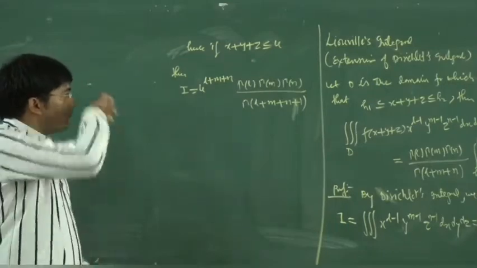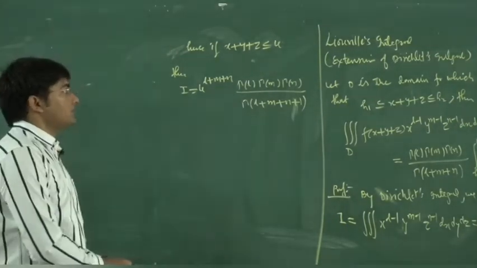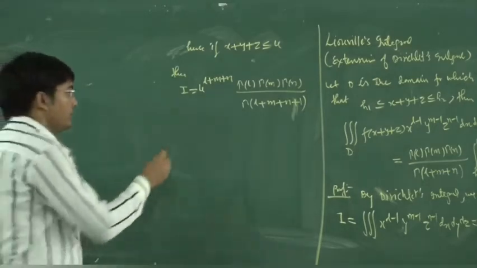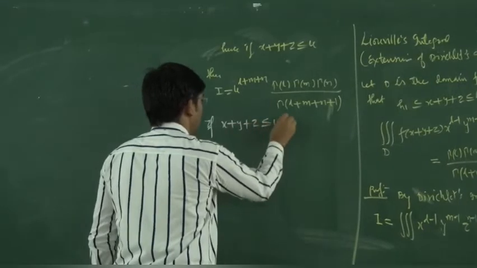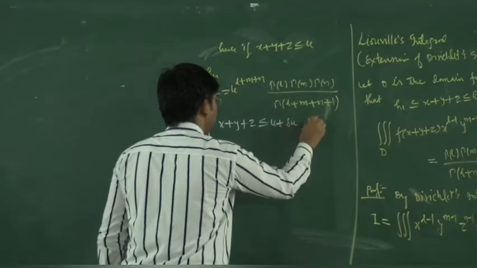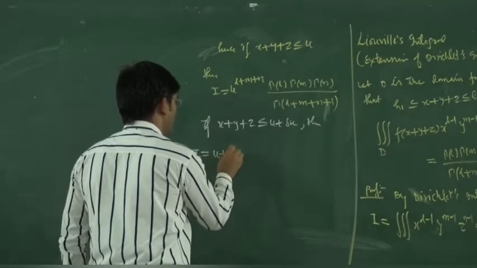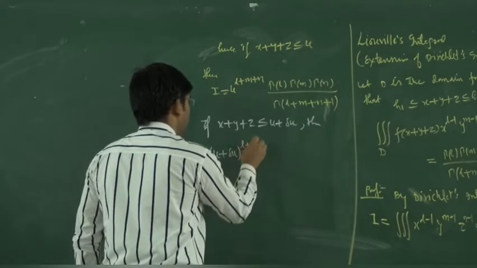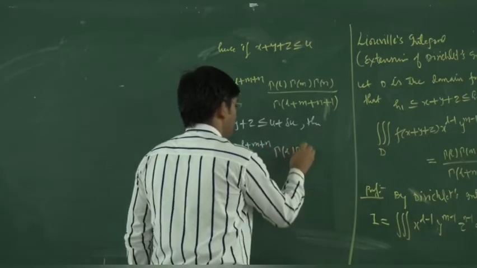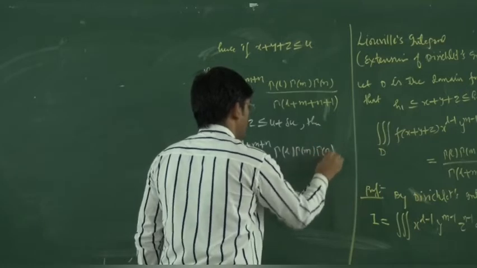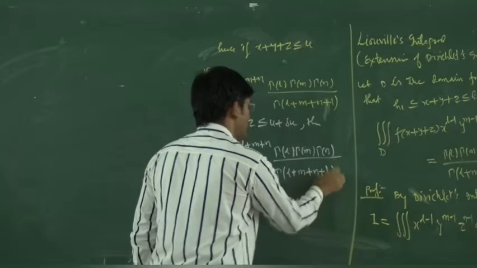Now this is the value of I for x plus y plus z less than or equal to u. Now if x plus y plus z is less than or equal to u plus delta u, then I will be u plus delta u power l plus m plus n, then gamma l, gamma m, gamma n upon gamma l plus m plus n plus 1.